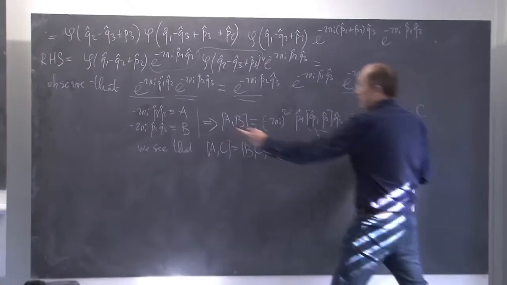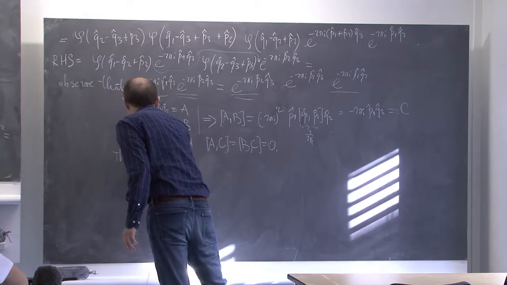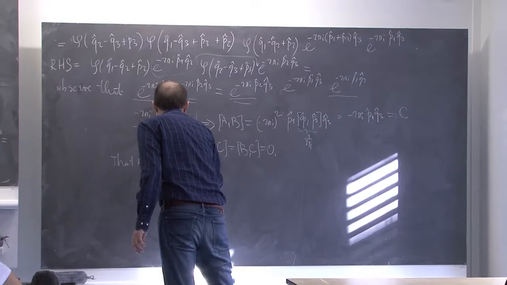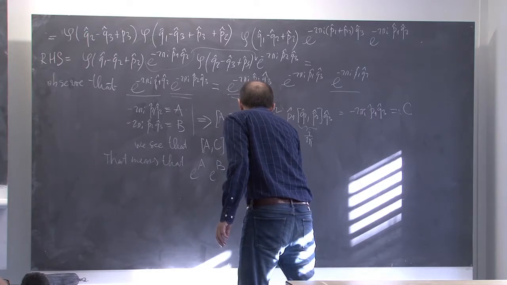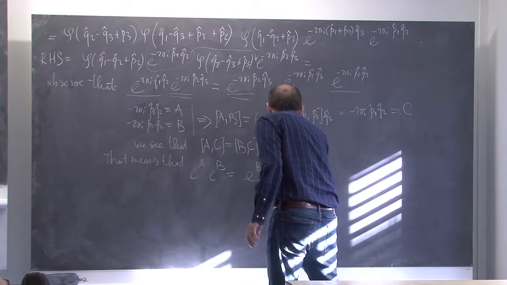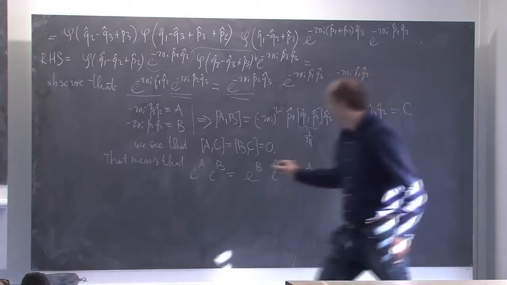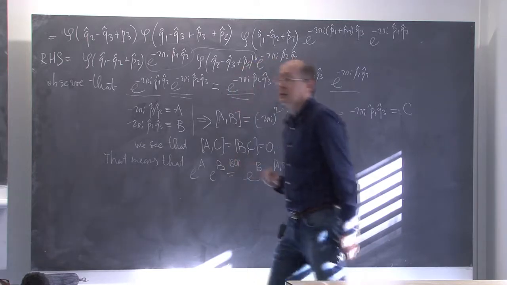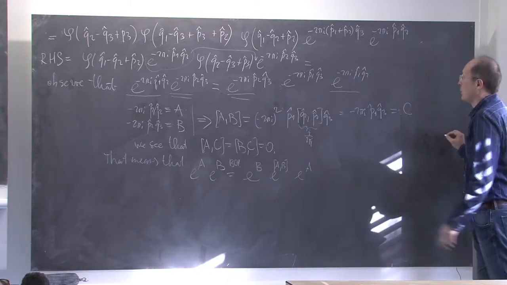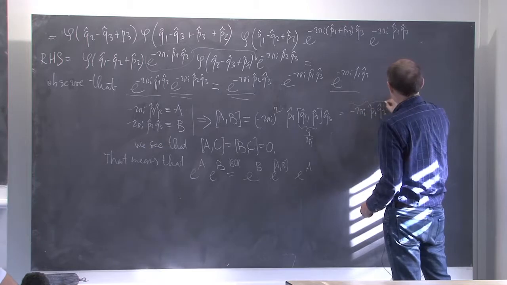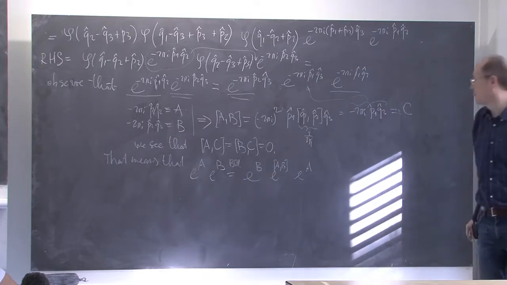And likewise for B and C. So that means that e^A e^B is equal to e^B e^A e^(commutator AB) by Baker-Campbell-Hausdorff. And this is exactly the identity we are checking, right? Because the C is nothing else than the term in the middle.